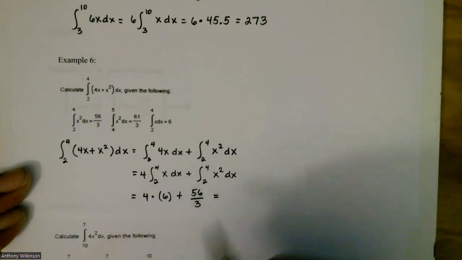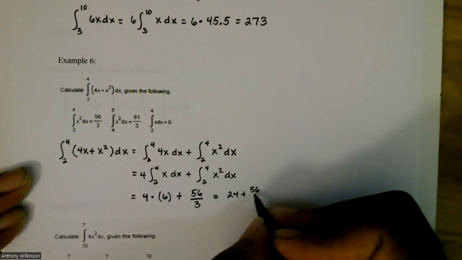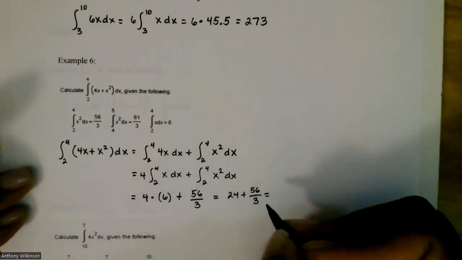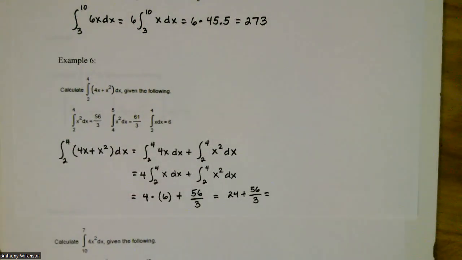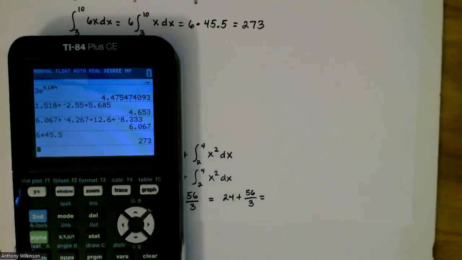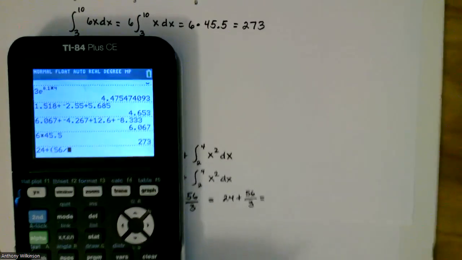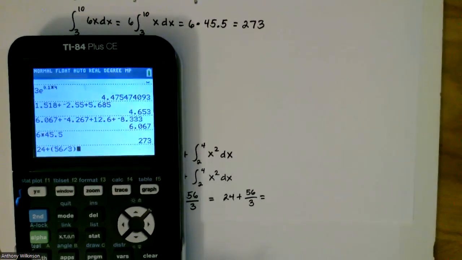Now, if I simplify this, 4 times 6 will be 24, plus 56 over 3. And I could use the graphing calculator to add those two numbers together. So if I add 24 plus, and in parentheses, 56 divided by 3, close parentheses.